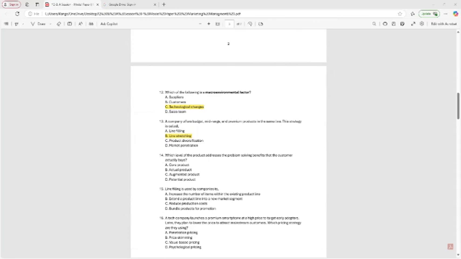ඔයාලට slide එක පේන්නේ නැද්ද? But you can see the question paper, right?